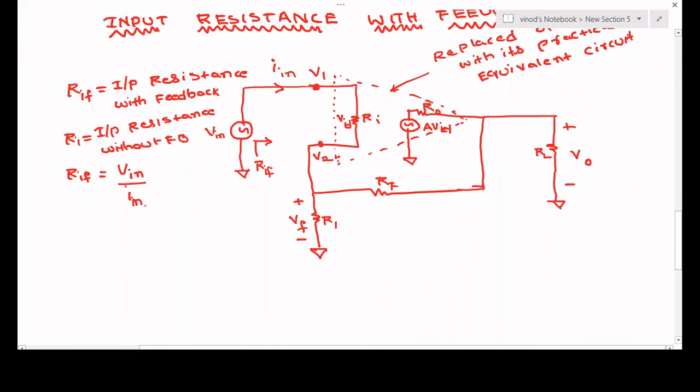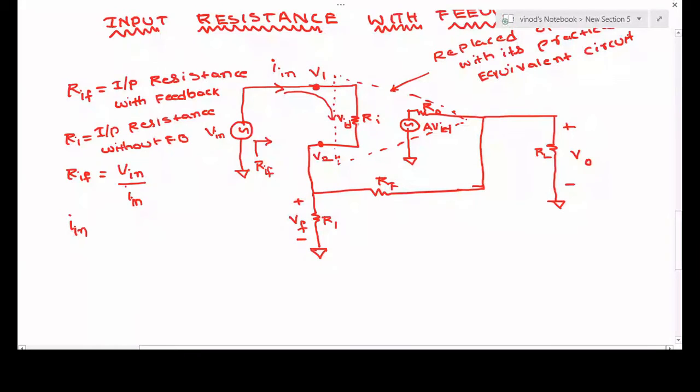Now, the expression for IIN: we observe the same current is flowing through this resistance RI also.